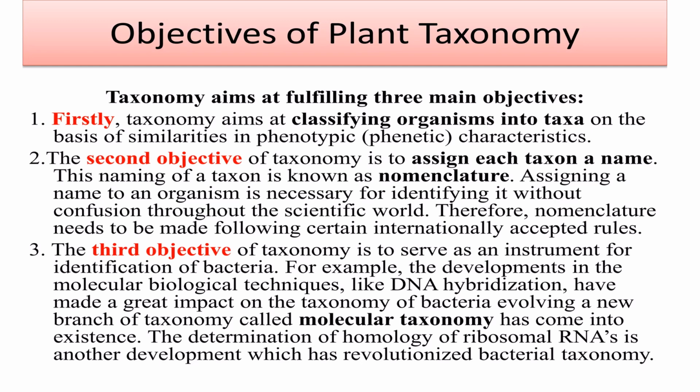Then objectives of plant taxonomy. So it aims at fulfilling three main objectives. The foremost one is taxonomy aims at classifying organisms into taxa. Each and every category is known as taxa, on the basis of similarities in phenotype. That is based on the morphological characters.